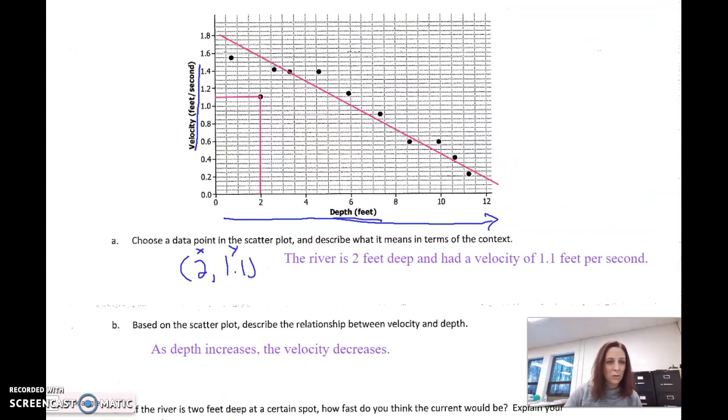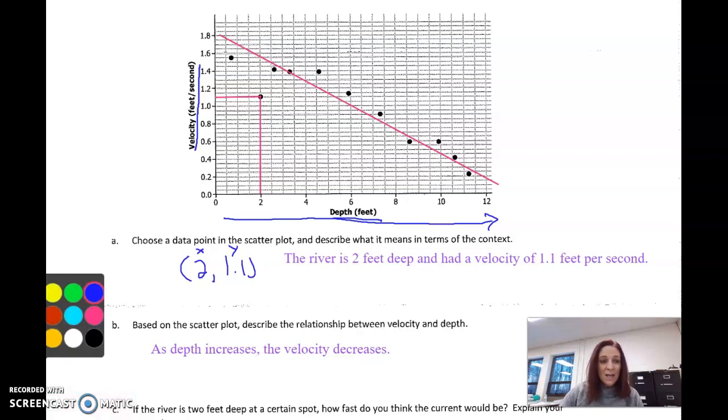So 8.6. That's 8.25, 8.5, 8.75, so 8.6 is going to be in here somewhere. No, sorry, let me try that again. This is going to be 9. So 8.6 is going to be just right here.